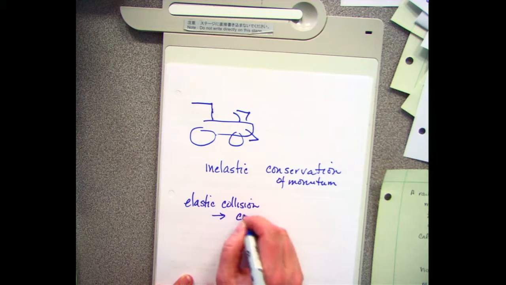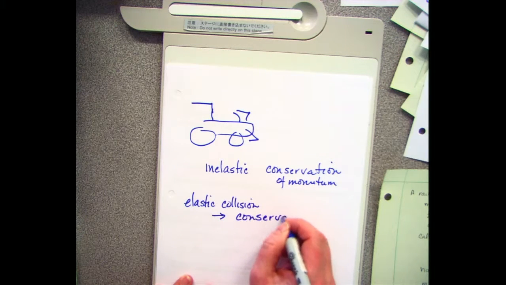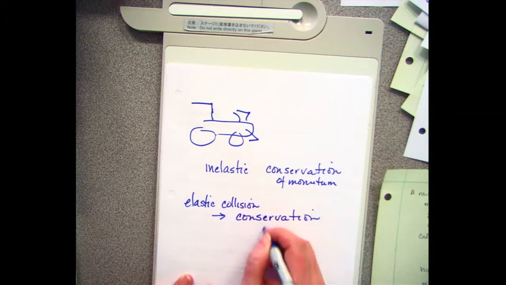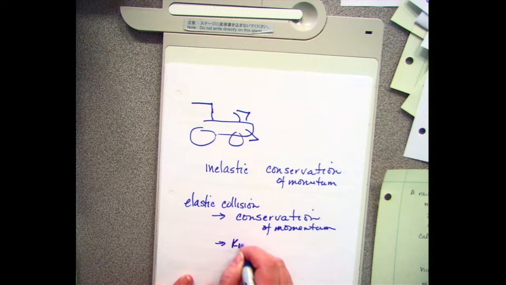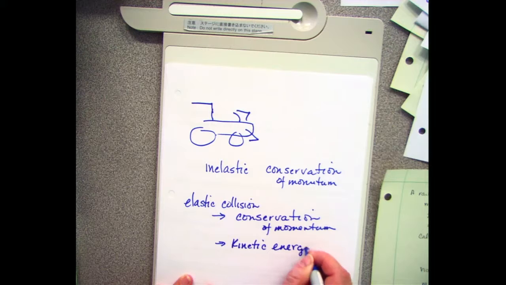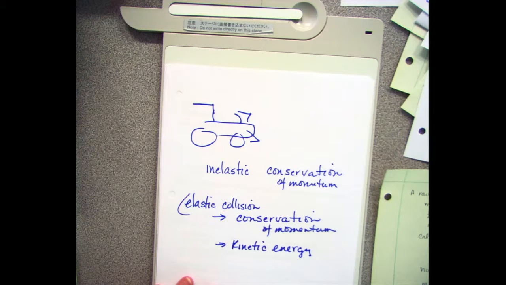You have conservation of momentum, but you also have conservation of kinetic energy. So it is a special case, and so if you're working homework problems along the way, elastic collisions are a special case of collisions. I have conservation of momentum and I have conservation of kinetic energy.